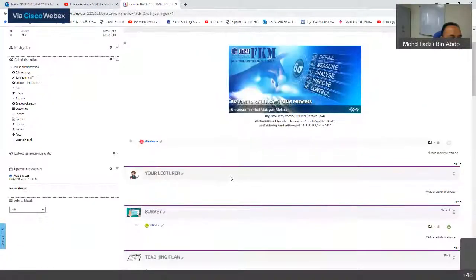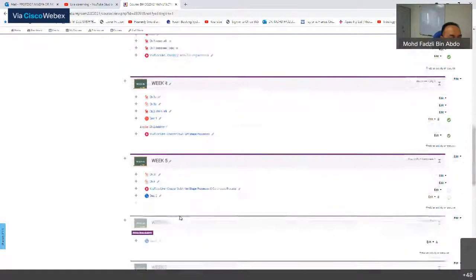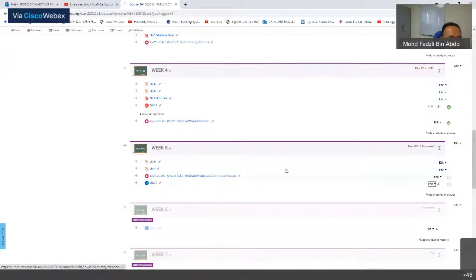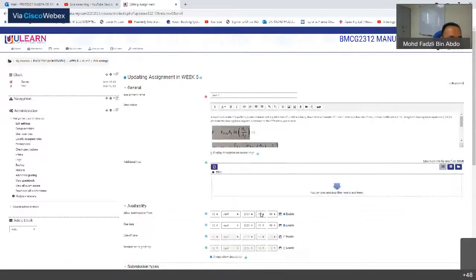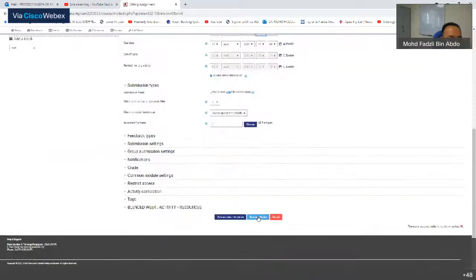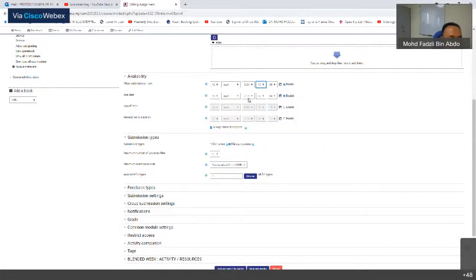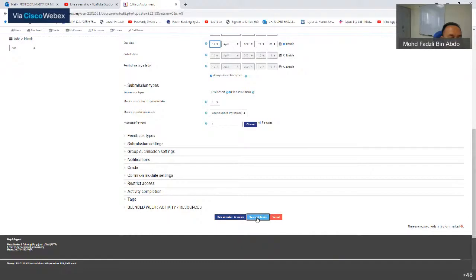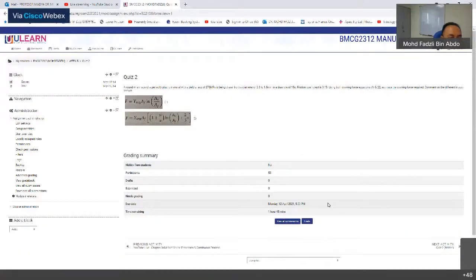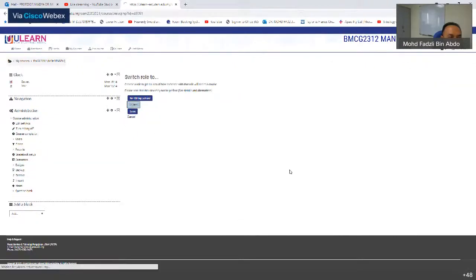Adjust balik saya adjust. Sebab kita ada masa, hantar pukul 5 lah sebagai masa. Save and display. Okay, saya switch role as a student.